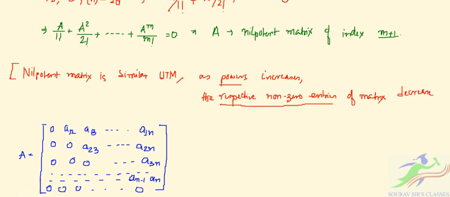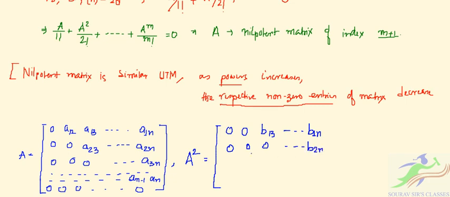So if we do this multiplication, suppose we increase the power, A squared is A multiplied by A, then the matrix will again have 0s, B13, B1n, then B2n, then B3n.